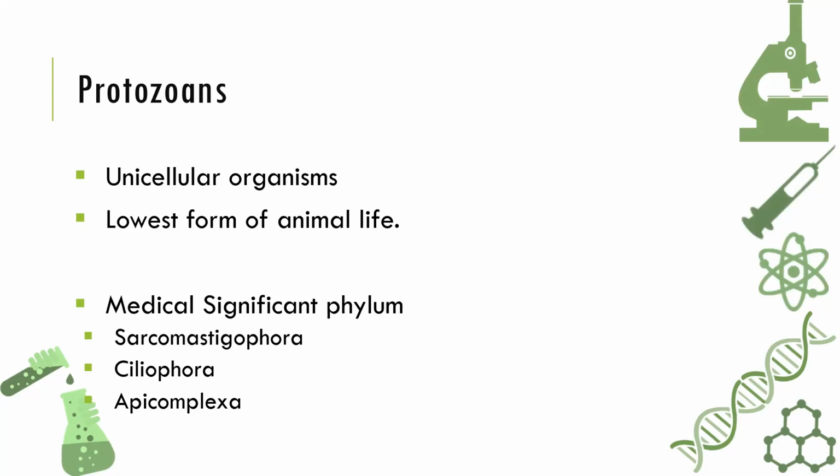Protozoans are the lowest form of animals. Being an animal, they are classified under kingdom Protista. Protozoans are also classified as unicellular organisms or unicellular microorganisms.